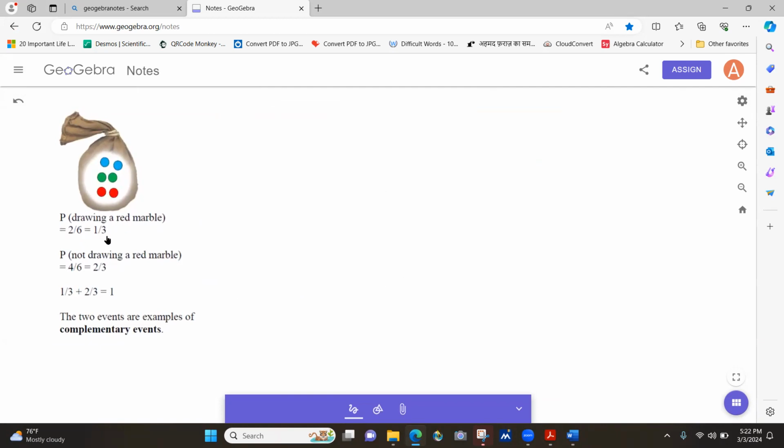The probability of getting a red marble is 1/3. Probability of not getting a red marble is 2/3. And if you add 1/3 and 2/3, you're going to get 1. These events are complementary. Clearly, they are mutually exclusive. Getting a red marble means you didn't get a non-red marble, and so on and so forth. And the two probabilities add up to 1.